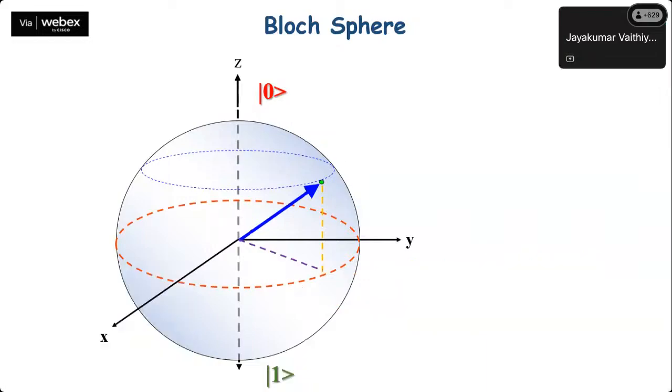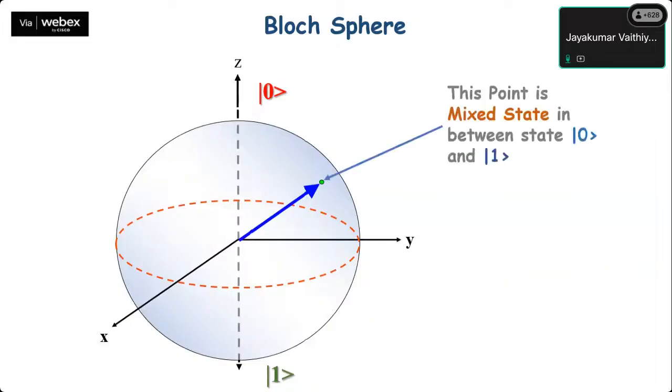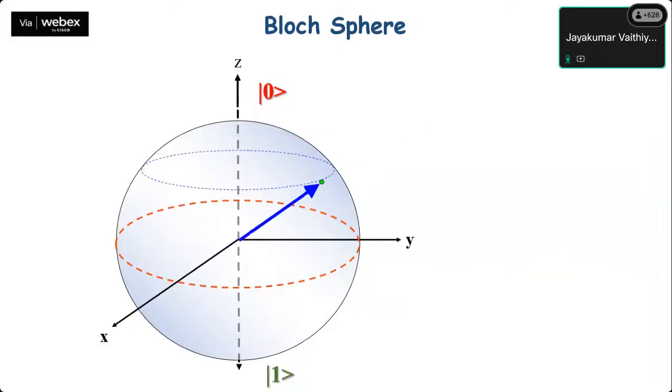So once again, I will repeat what we are doing. We are taking a random point and creating a vector from the origin. This is called the quantum state vector, mixed state. From this point, we are creating an auxiliary plane, the x dash, y dash plane. From that intersection, we are doing a projection to the xy plane, and from that intersection, one more projection towards the origin.